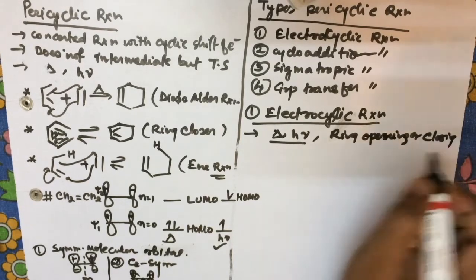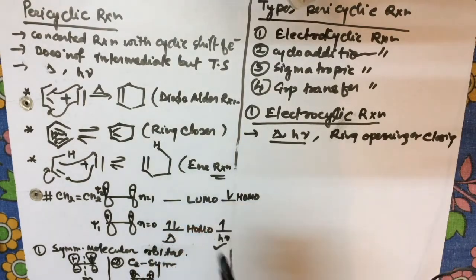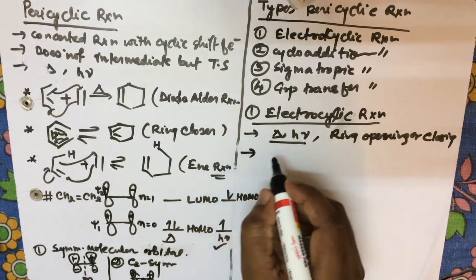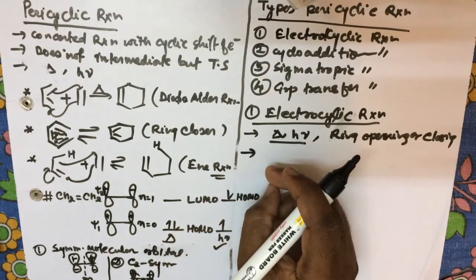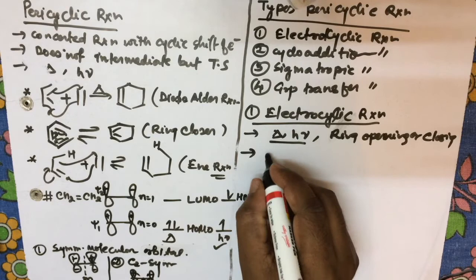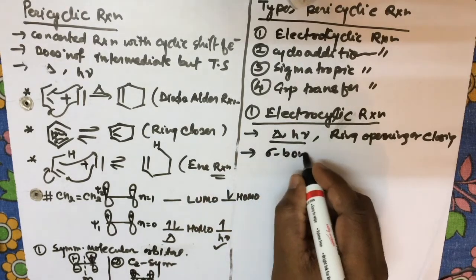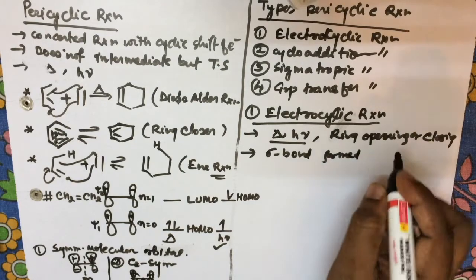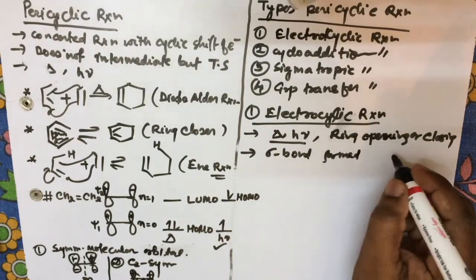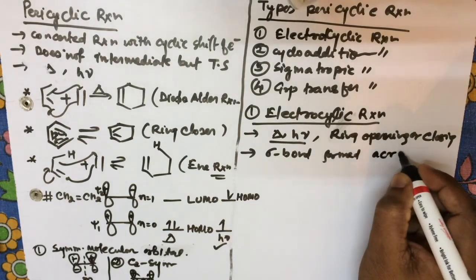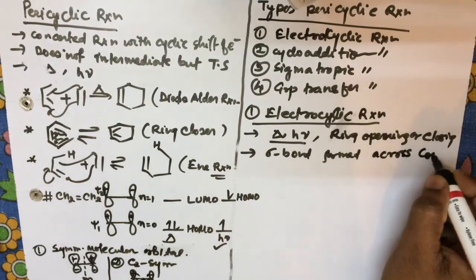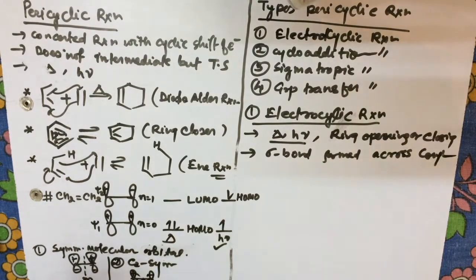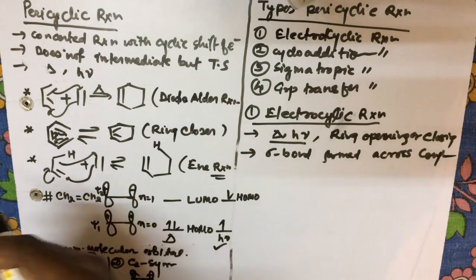It means that a sigma bond forms across the conjugated system.